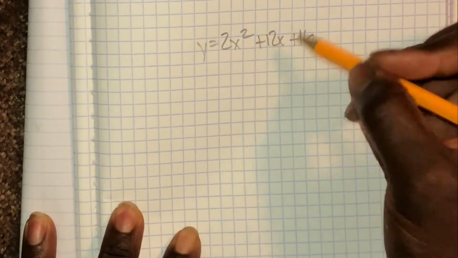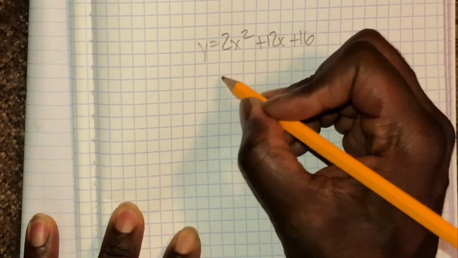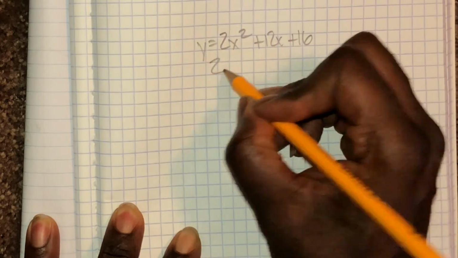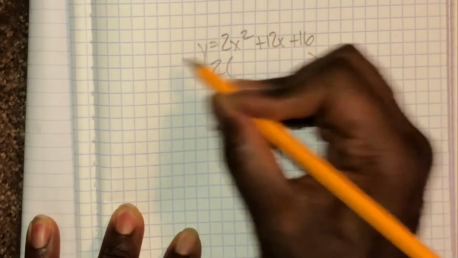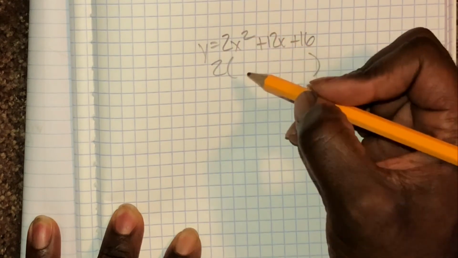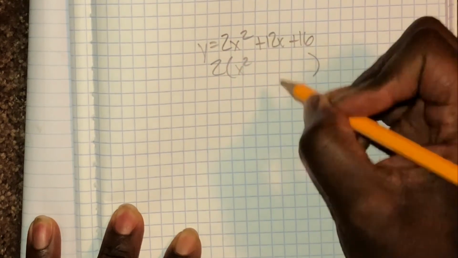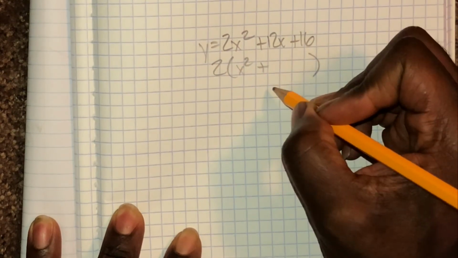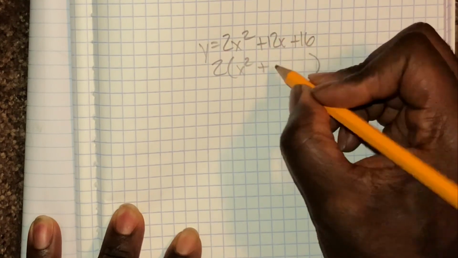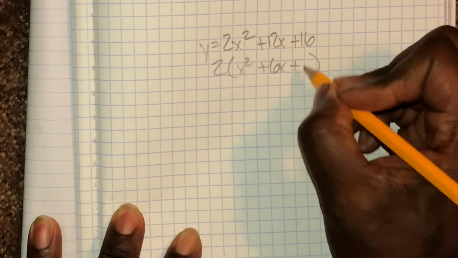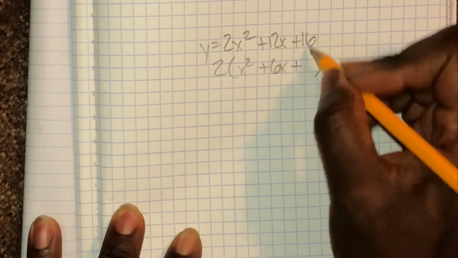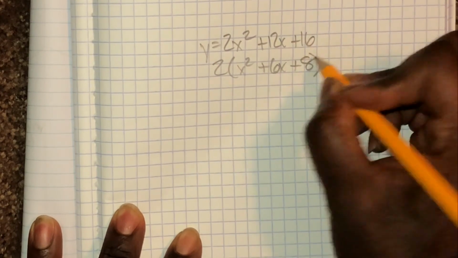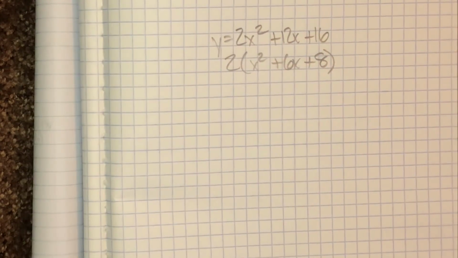We could take a 2 out. If we took a 2 out, that means we divided every part of this by 2. We're going to be left with x squared plus 6x plus 8. Oh, it's easier to handle now.